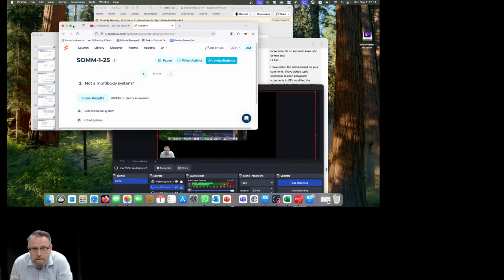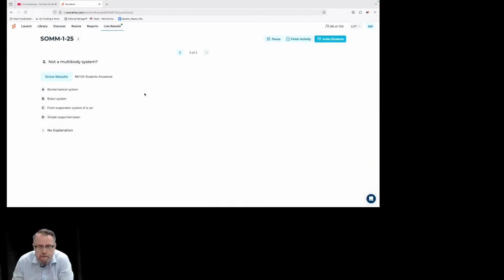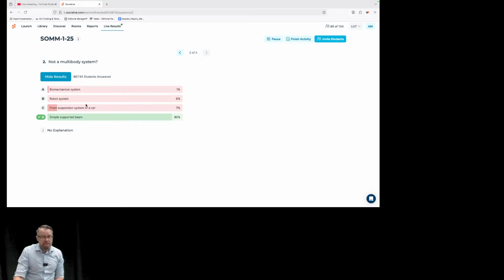Okay, this one, let me take a look. Which is not the multi-body system? Biomechanical system, robotic system, front suspension of the affordable car, simply supported beam. Is it going to be 100%? No? Yes, it's going to be 100%. Okay, front suspension is a multi-body system.